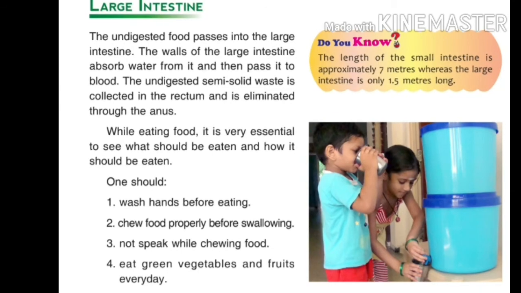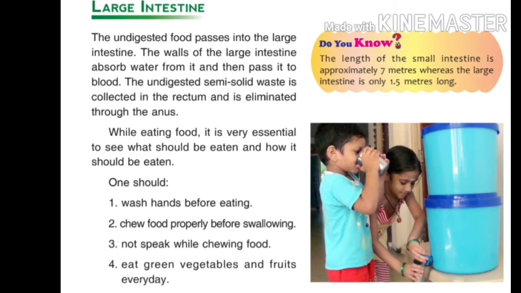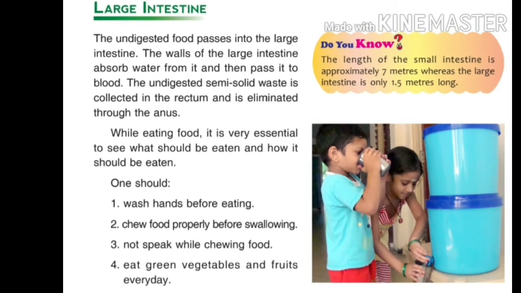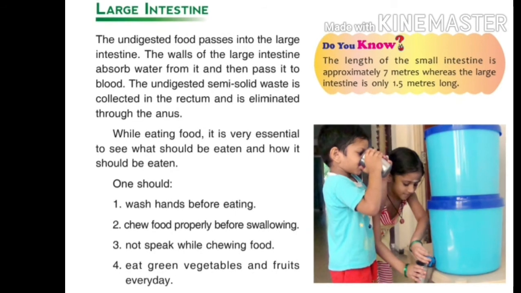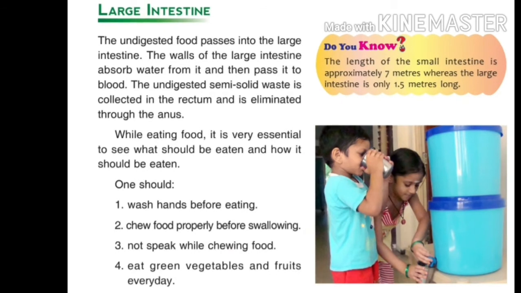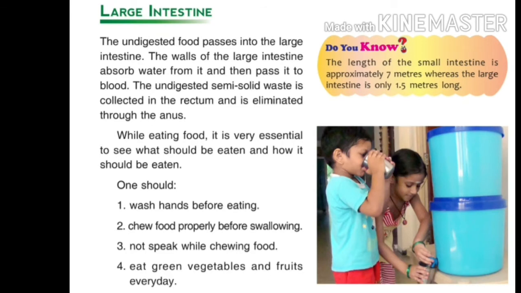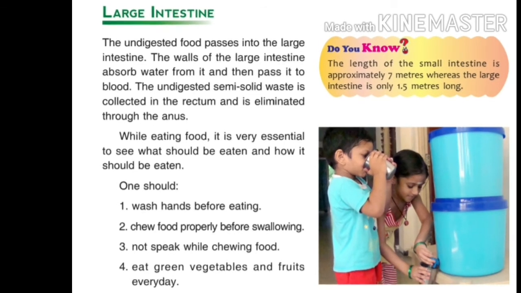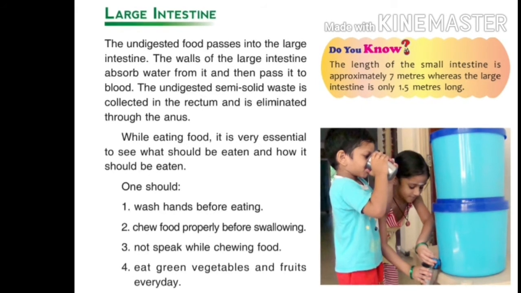As I said, we have two pipes inside our throat. One is the food pipe and one is the windpipe. When you eat, your food goes to the food pipe, and when you speak or inhale air, the windpipe works. So when you speak while eating food, the food may go into the air pipe or the windpipe and it may choke.